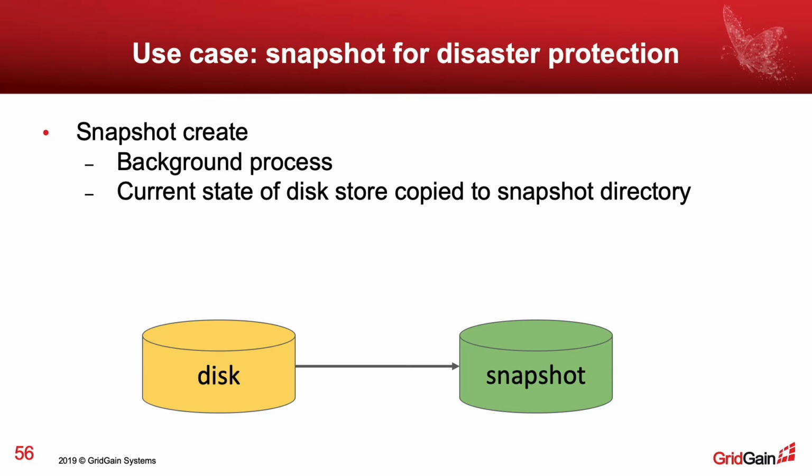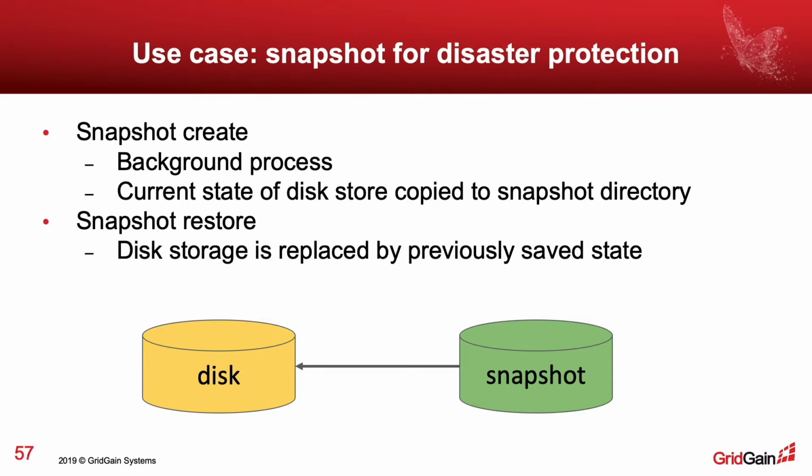Okay, in case you want just disaster protection, there's an operation called snapshot create, and when you say snapshot create, a background process is started, and it starts copying page by page the state of all your pages from your disk storage to a separate snapshot storage. The reverse operation for that activity is snapshot restore.